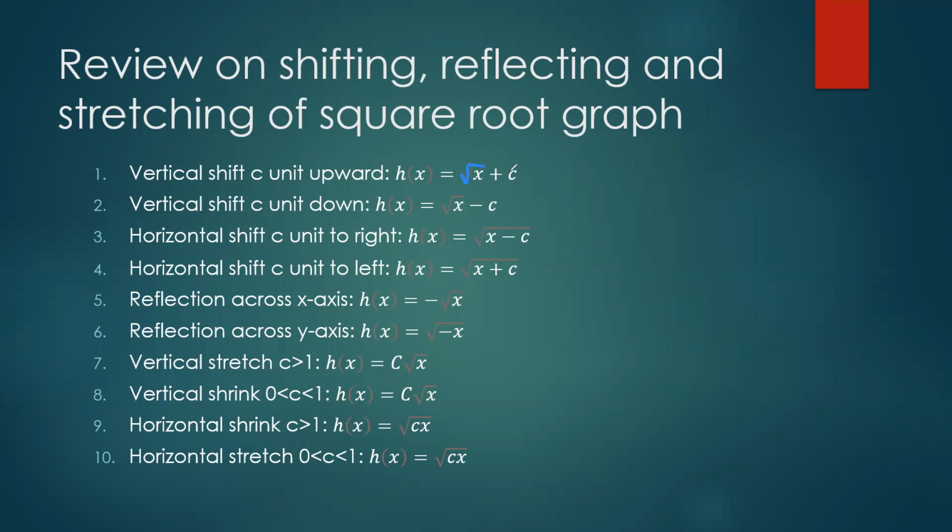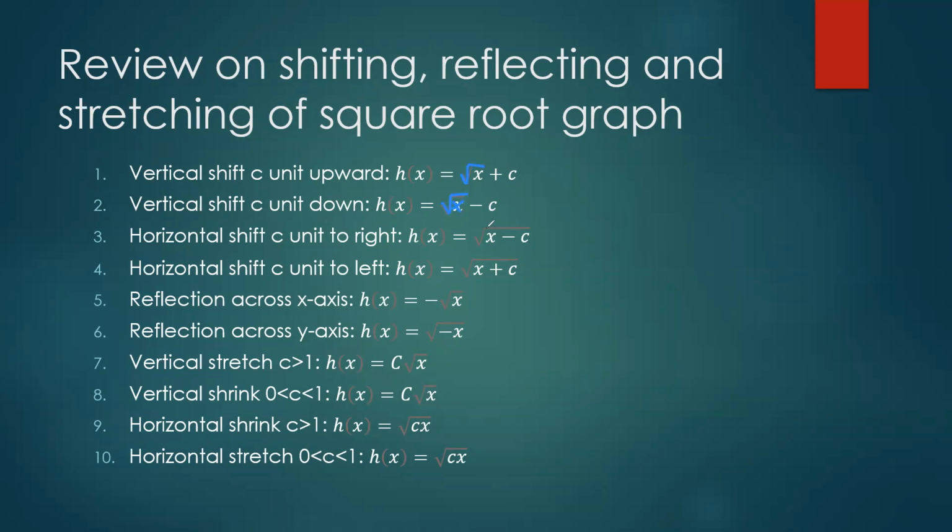If the constant is outside the square root, that's how you know you have a vertical shift. If it's positive, you're going up. If it's minus, it's going down. The next rule: h of x equals square root of x, minus c. It's outside the square root and it's a minus, so you're shifting it some units down.